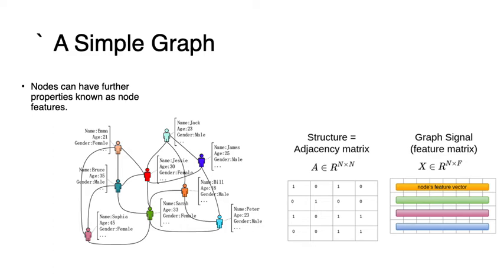The connectivity or edges are represented by the adjacency matrix, and the feature vector, or graph signal, or node features, can be the name, age, gender, locality, and so on. In this way we can represent the graph in terms of the adjacency matrix and the graph signal.